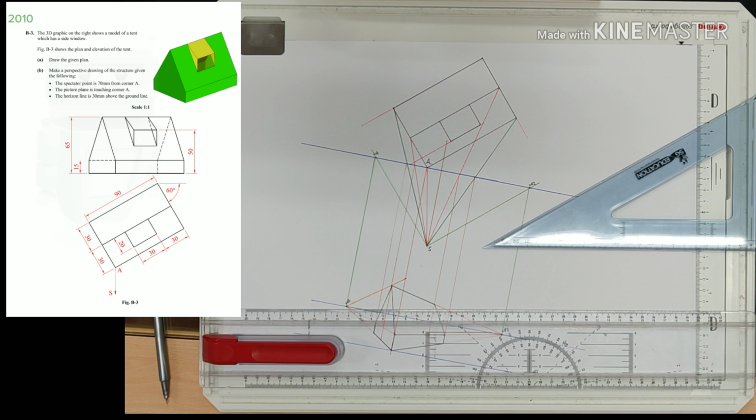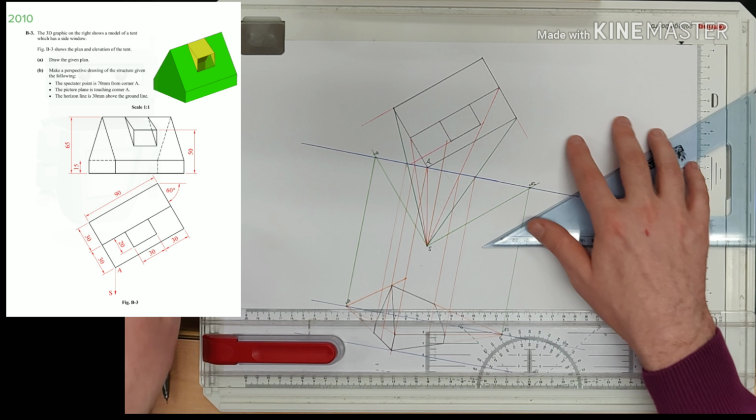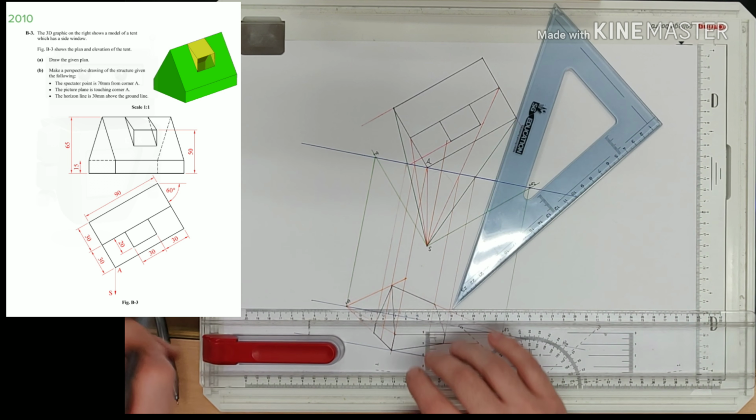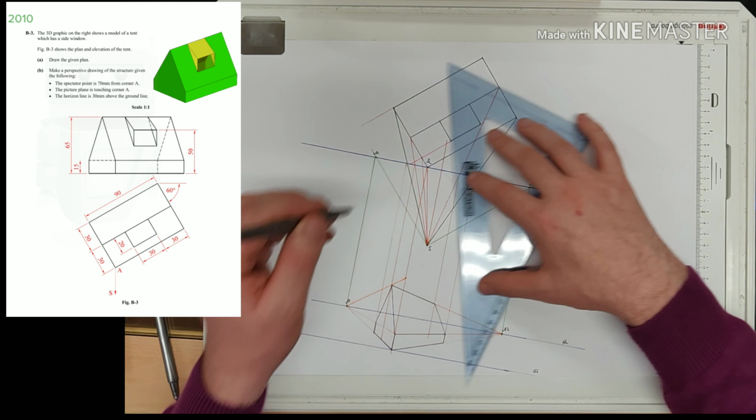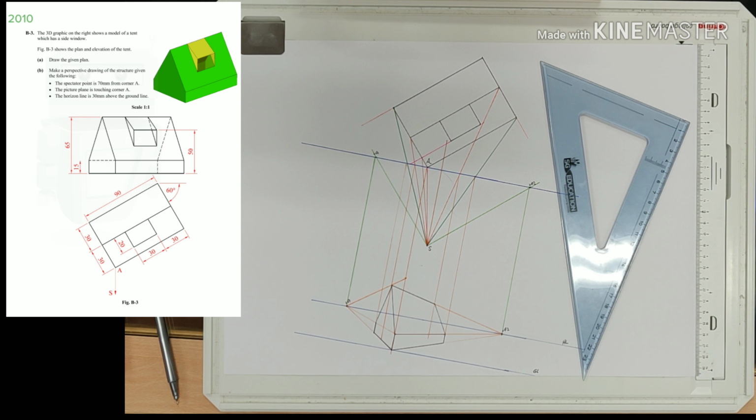And we're going to bring this point down to our spectator. And again, when he crosses the picture plane, we bring him down to our perspective.